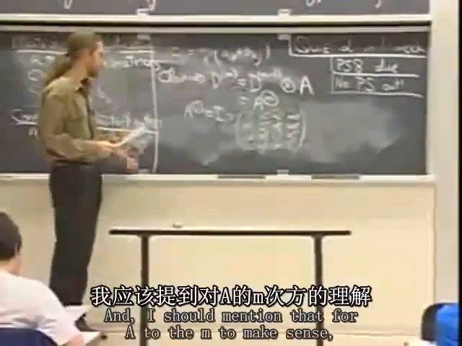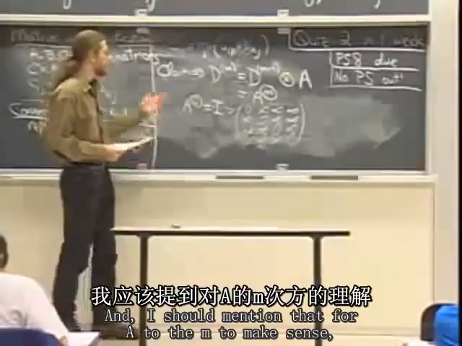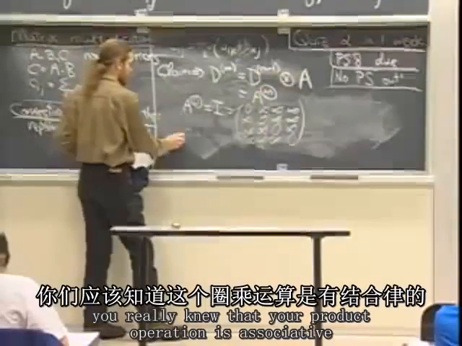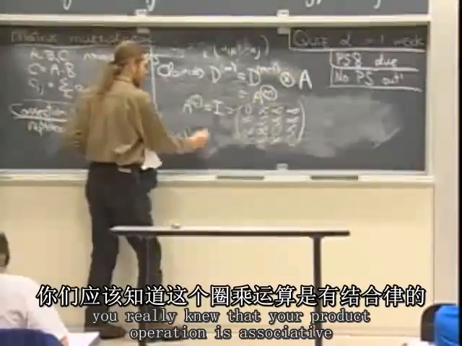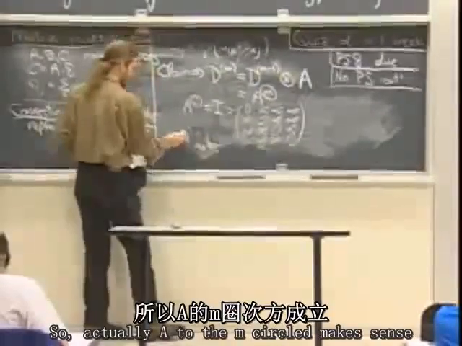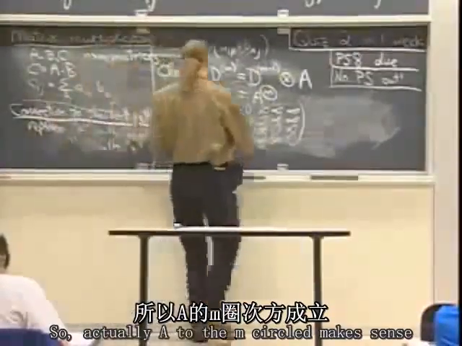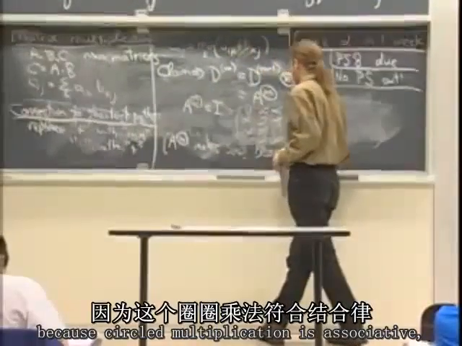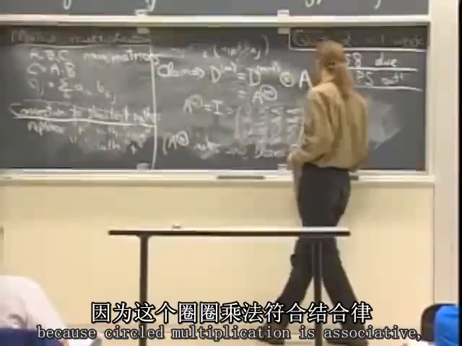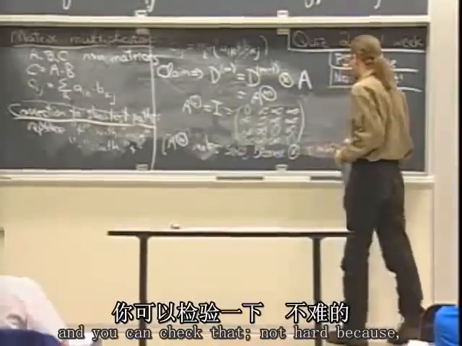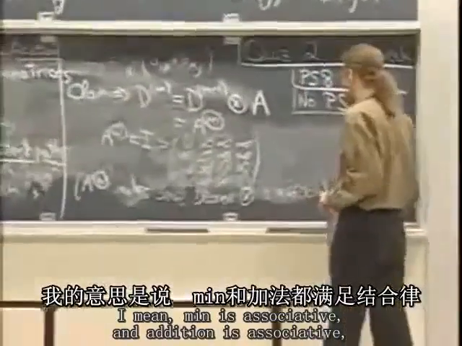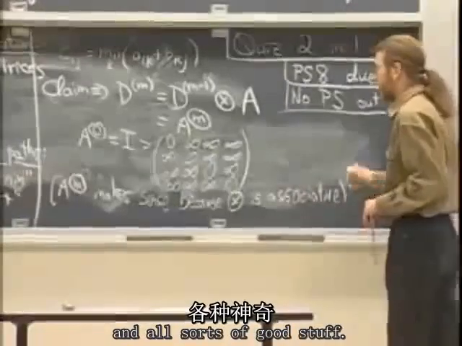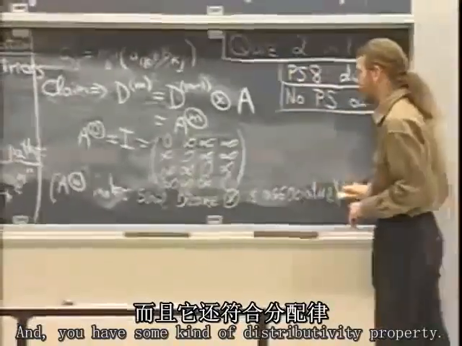And I should mention that for A to the m to make sense, you really need that your product operation is associative. So A to the m circled makes sense because circled multiplication is associative, and you can check that. Not hard, because min is associative and addition is associative and all sorts of good stuff. And you have some kind of distributivity property.